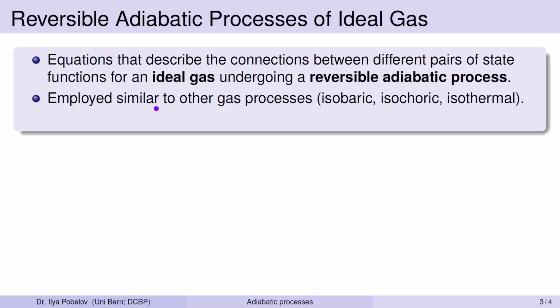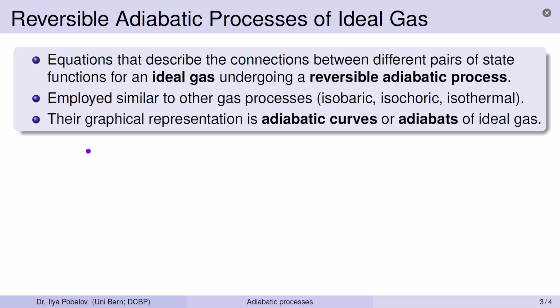Just like previously discussed isobaric, isochoric, and isothermal gas processes, reversible adiabatic process can be understood and employed in a similar fashion. The graphical representation of these equations is referred to as adiabatic curves or adiabats of ideal gas, much like isobars, isochors, and isotherms.